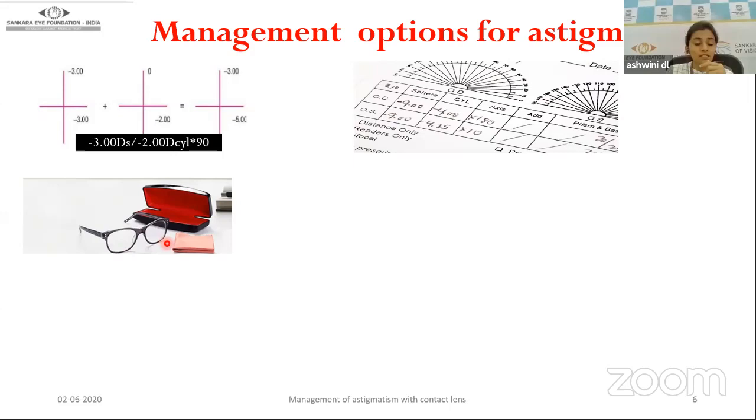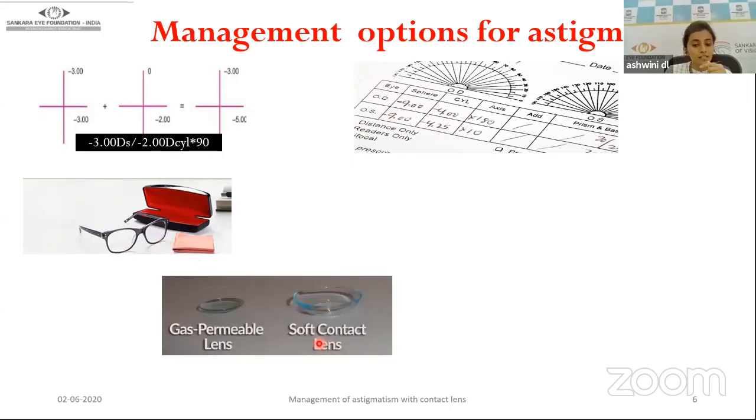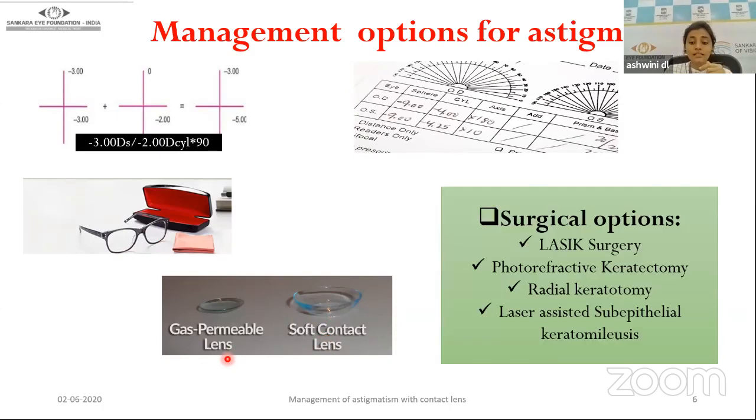The second option is contact lenses. In contact lenses, we have soft contact lens options and GP lenses available. In the surgical options, there are LASIK surgery, photorefractive keratectomy, radial keratotomy, and laser-assisted subepithelial keratomileusis. These are the various options available in the surgical treatment.